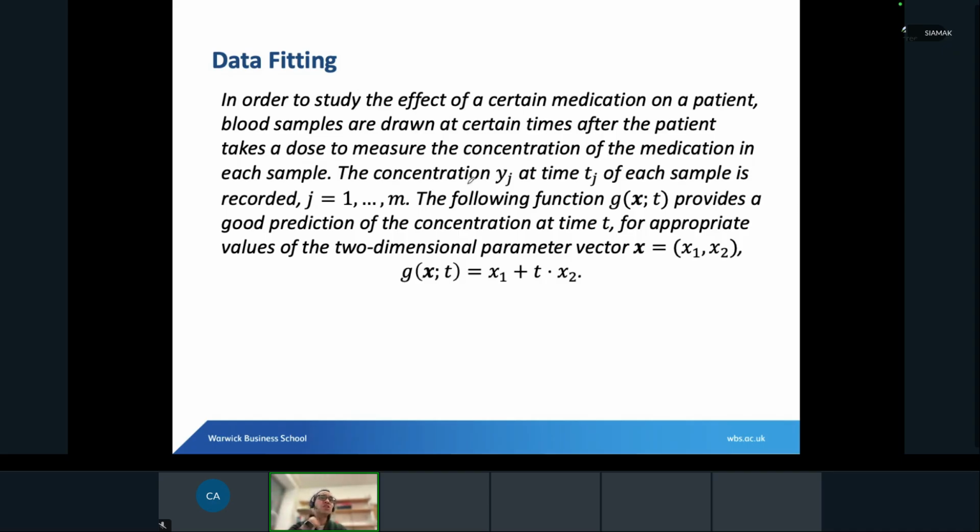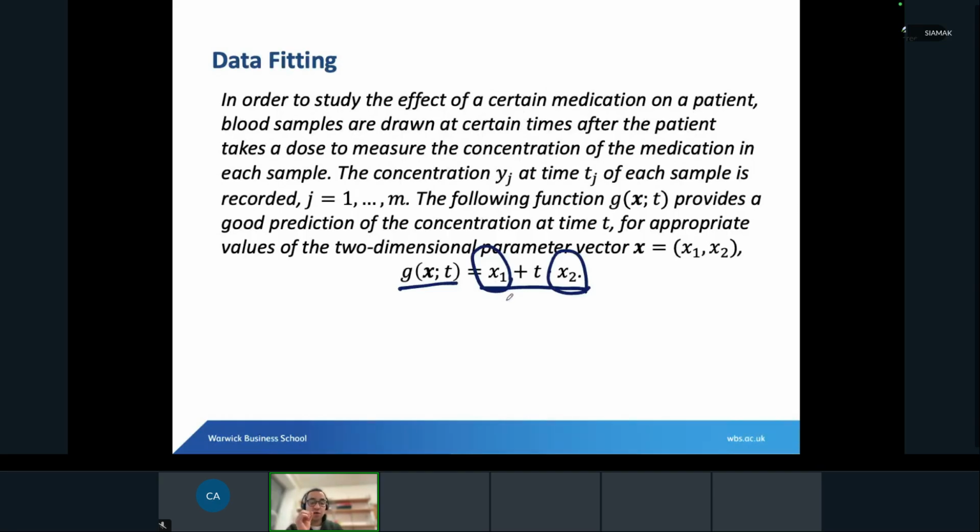So G of x t is given to us. This is something that is given to us as x1 plus t x2. This is the two-dimensional parameter that we have. So x1 and x2 are the vector that we have. G of x t at different times provides a good prediction of the concentration at time t.